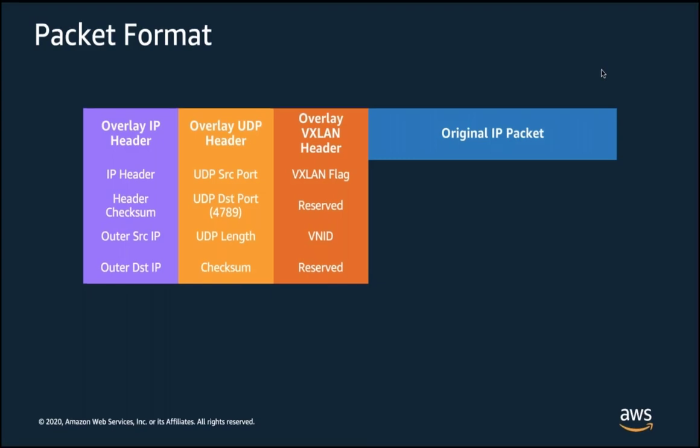So what this also means is that your receiving end, your target, if it's an instance, needs to be able to parse VXLAN headers and UDP headers, strip them to be able to get to the original IP packet that you're really interested in.